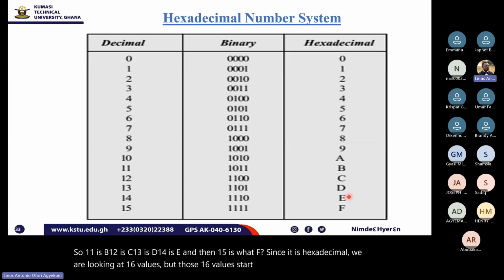Now we look at the procedure to convert a hexadecimal to a decimal number.